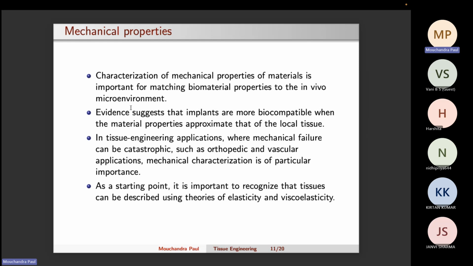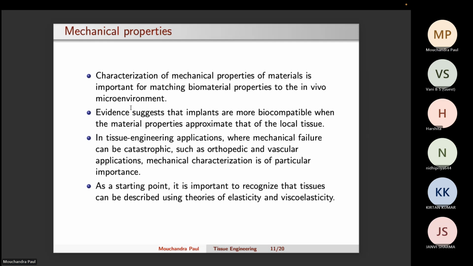Our body, or the tissues in our body, have some strength and some hardness associated with them. So what people try to do is use an appropriate type of biomaterial whose strength is similar to that of the local tissue.